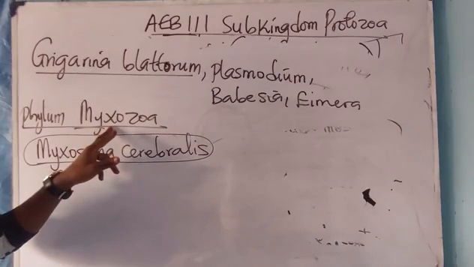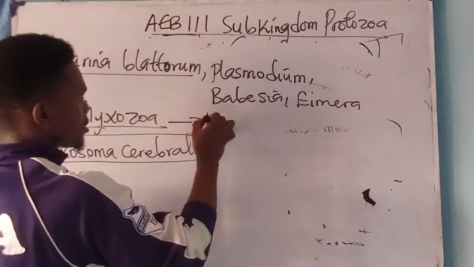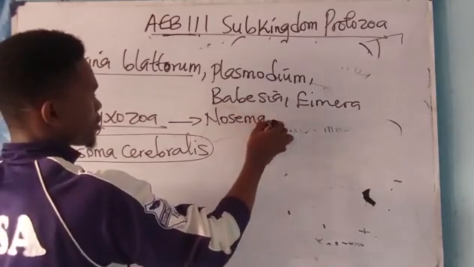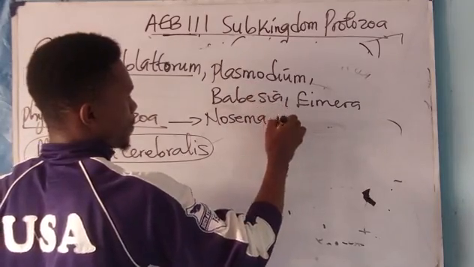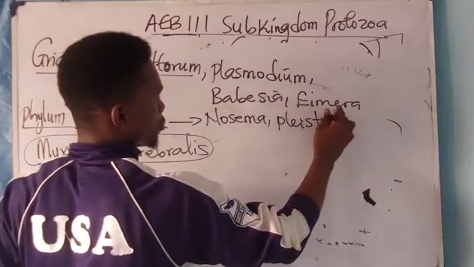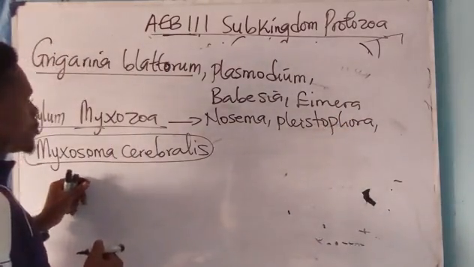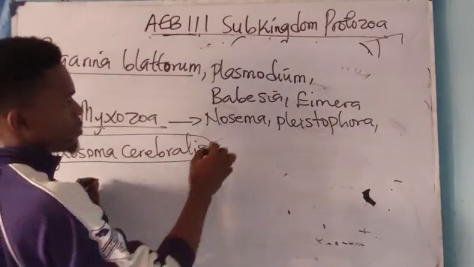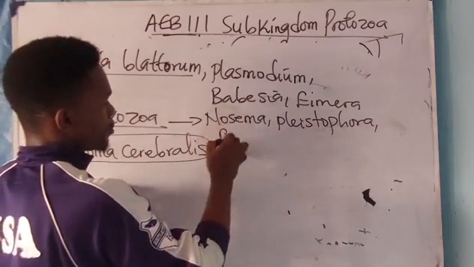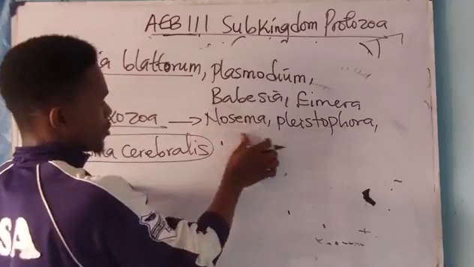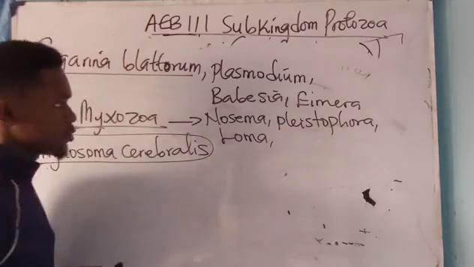I gave you organisms under Microspora: Nosema, Listophora, and Loma.